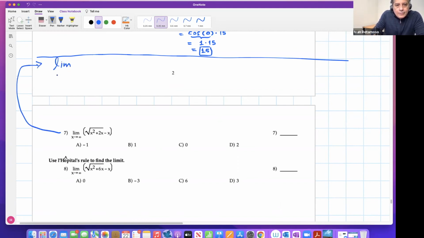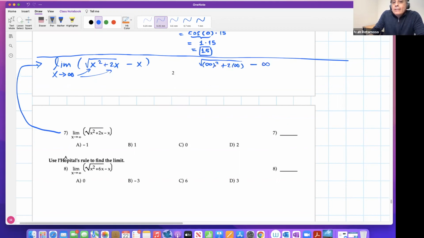they are asking you to get the limit as x approaches infinity of the square root of x squared plus 2x minus x. And notice that if you just plug this in, you will end up with the square root of infinity squared plus 2 times infinity, minus infinity.